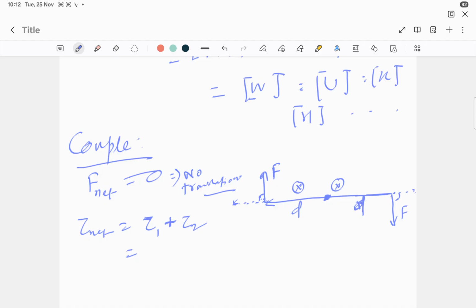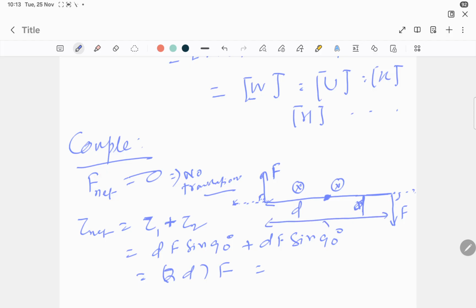So tau net is equal to tau 1 plus tau 2, and that is simply d into f into sine 90 degree, again d into f into sine 90 degree, that is simply 2 into d into f, and 2 into d is simply r, the distance between the forces.